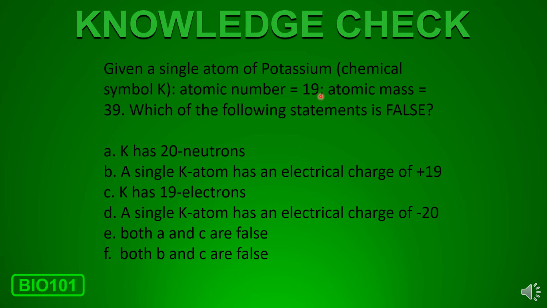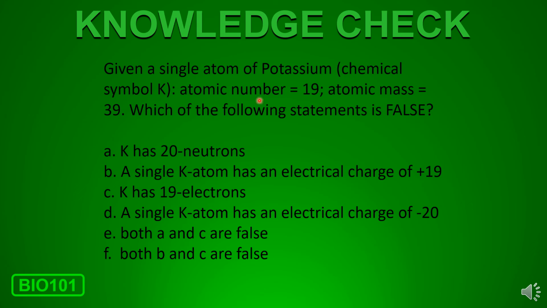That means, think about it, we have atomic number, that's protons, so there are 19 protons in a single atom of potassium. Atomic mass is 39. Now, atomic mass is the number of protons plus the number of neutrons, right? So keep that in mind.